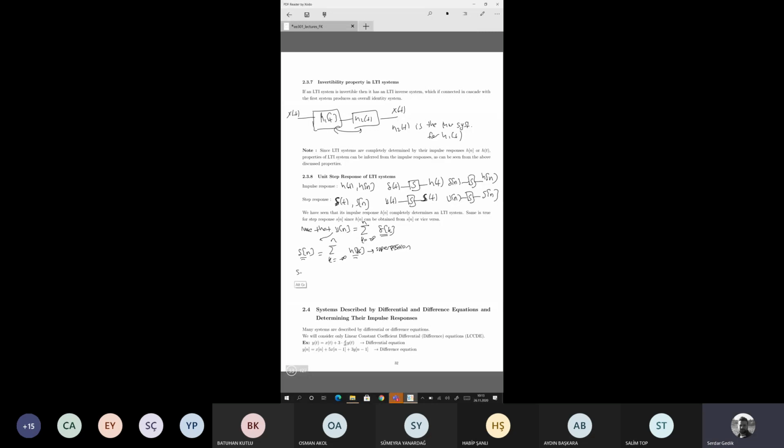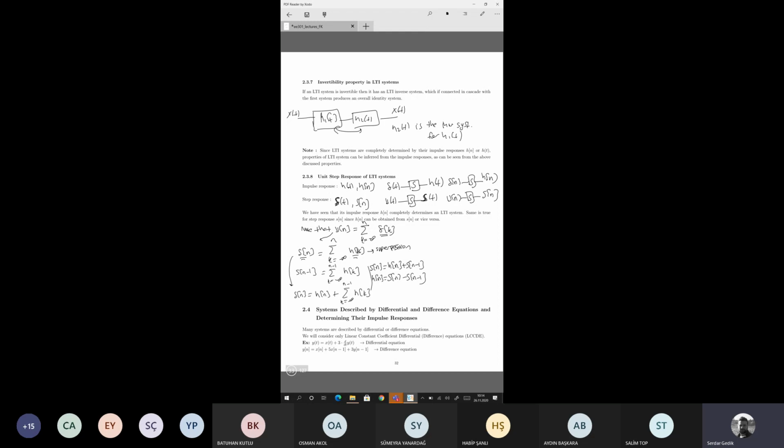Well, here we have some tricks. Let's write s of n minus 1. This is simply the summation over k from minus infinity to n minus 1 of h of k. And if I write this term once more, s of n is simply h of n plus the summation over k from minus infinity to n minus 1 of h of k. So if I combine those terms, I can tell you that s of n is simply h of n plus s of n minus 1, or in other words, h of n is simply s of n minus s of n minus 1.